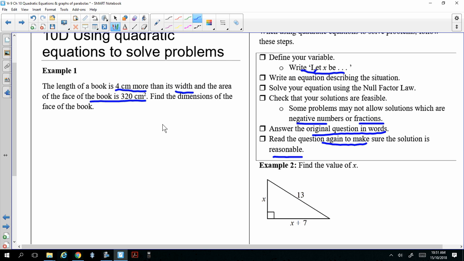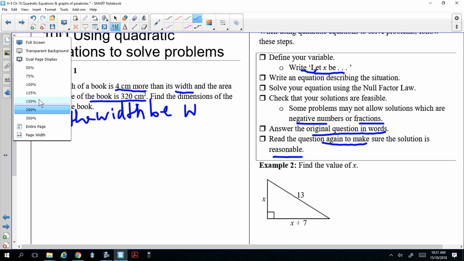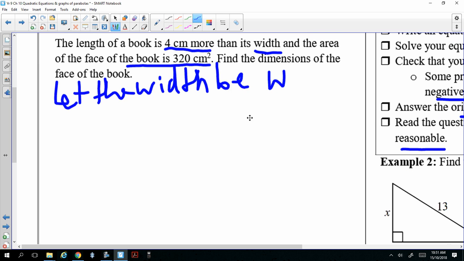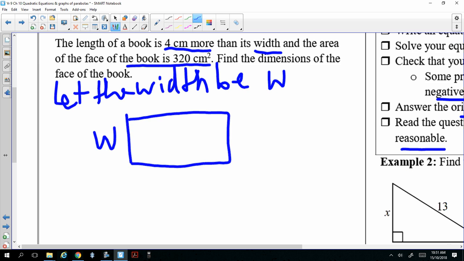So you say the length of the book is 4 centimeters more than its width. So what we're going to do is let the width be w, rather than x. And then let's draw a diagram. If the width of the book is w, what would the length be?